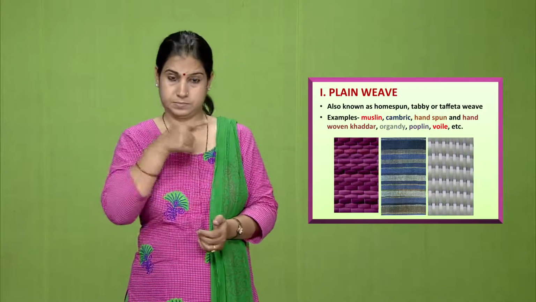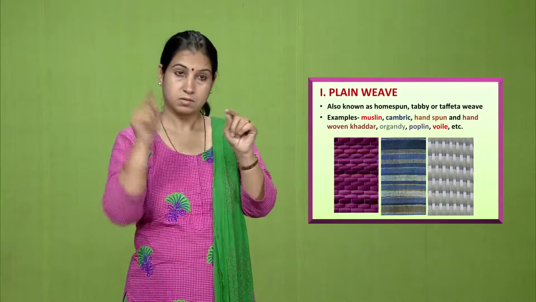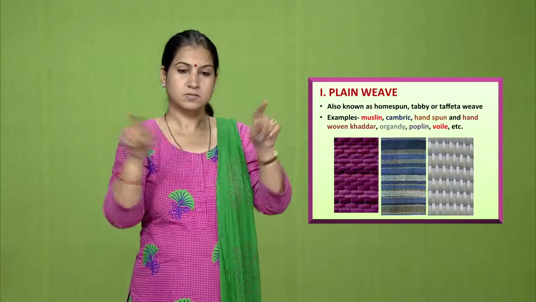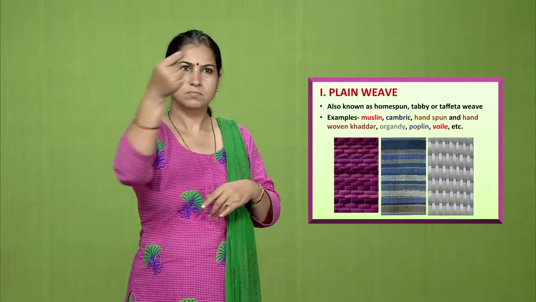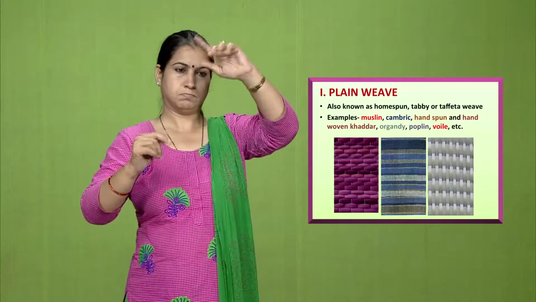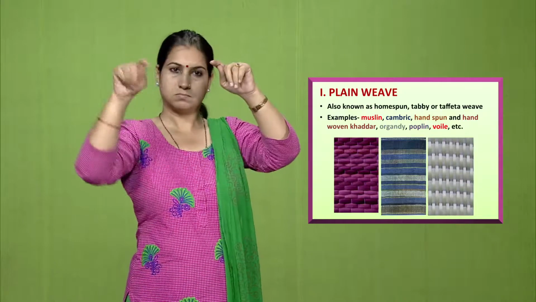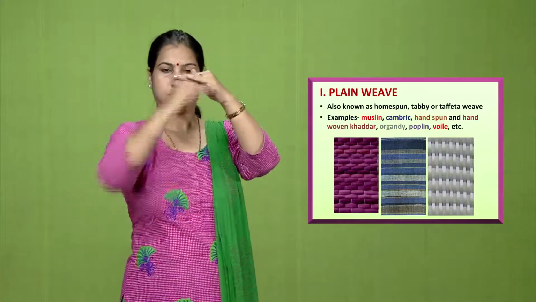These are the warp yarns and this is the weft yarn which is moving. The movement of the yarn is like this: after one warp, a weft has been inserted and again a warp is inserted, followed by a weft yarn.